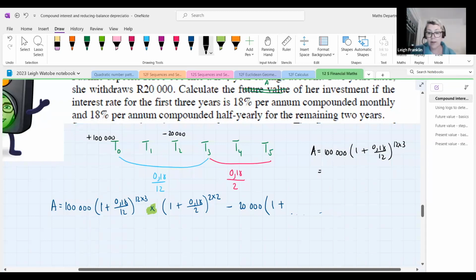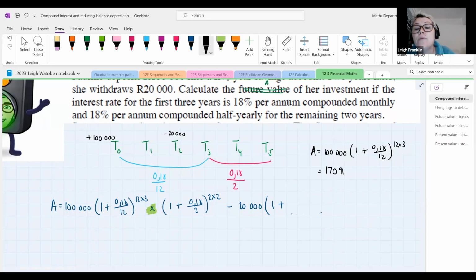You'd end up with an A value of 170,913, comma, and I'm just going to leave all the decimal places there so that we get the most accurate answer. Then you would do the second part of the calculation.